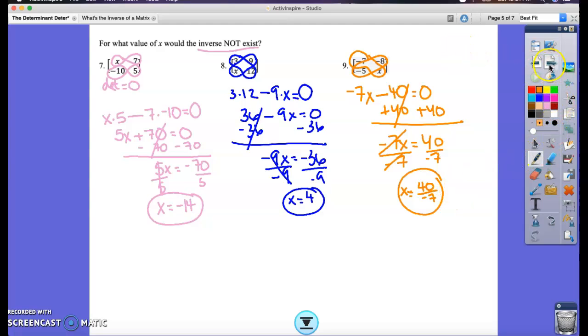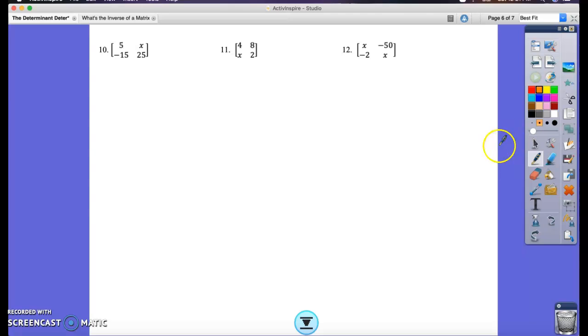All right, so there's 3 more to try. If you want, pause here, but I'm going to quickly go through the answers to these. I'm going to take 5 times 25 minus x times negative 15 and set it equal to 0. So this will be 125 plus 15x equals 0. I'm going to minus 125 on both sides. And I said I didn't have my calculator handy.